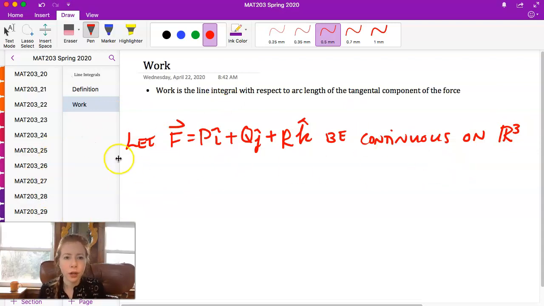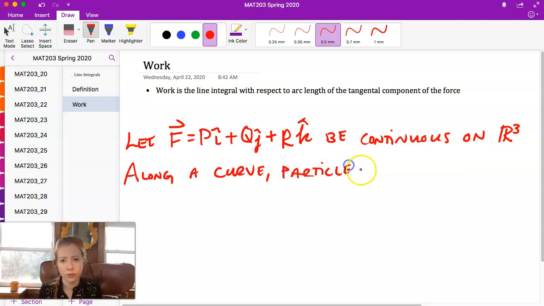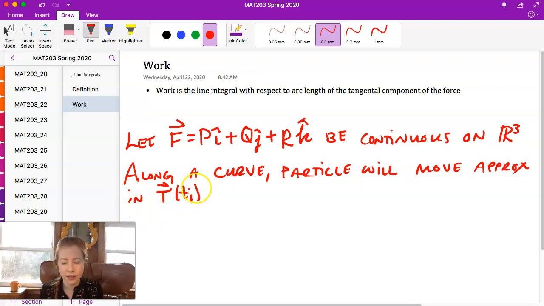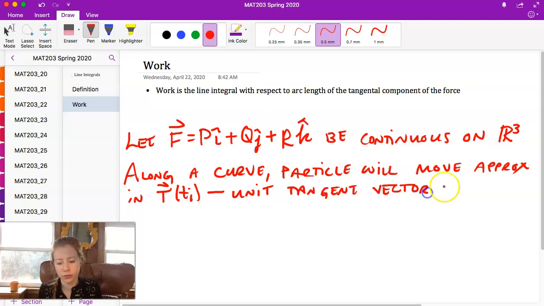So along a curve, a particle will move approximately in the direction T, capital T as a function of time, and this is going to be the unit tangent vector at the position.